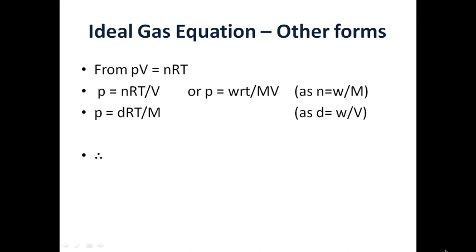And we know W over V is the density. So the equation can be written as P is equal to dRT over M, or density is equal to P M over RT, where P is the pressure, M is the molar mass, R is the universal gas constant, and T is the temperature.